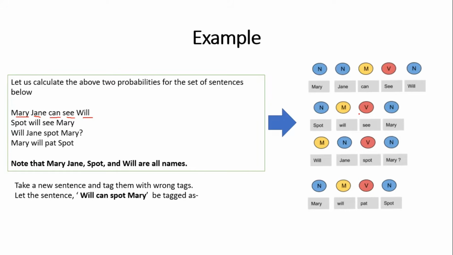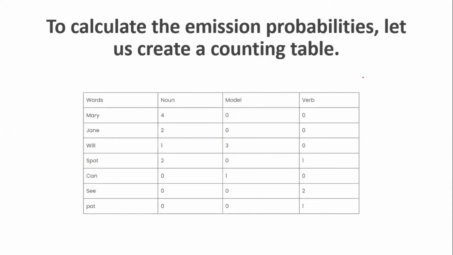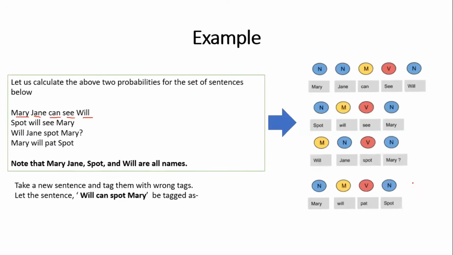After this, you can see that Mary appears 4 times as noun, right? From this, first you need to calculate the emission probabilities in order to create a counting table. In this counting table, first you need to find the total number of words in the given example.